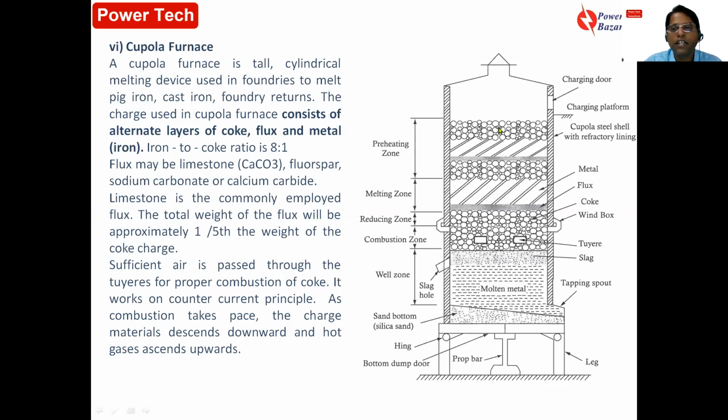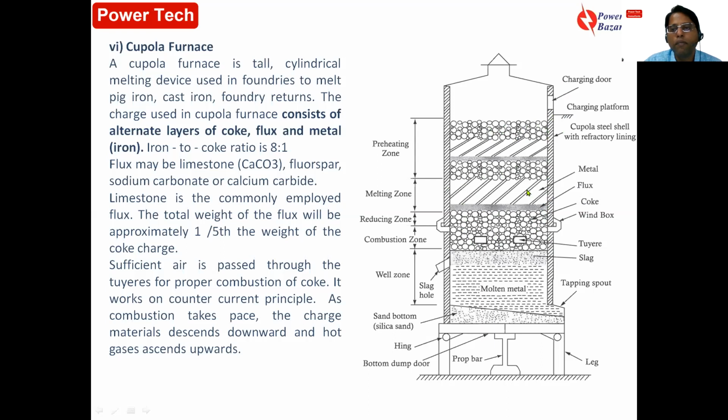Now see here is the refractory lining. Now this is the metal. This side is metal, and this is the flux, and this one is coke. So layers of material are charged.